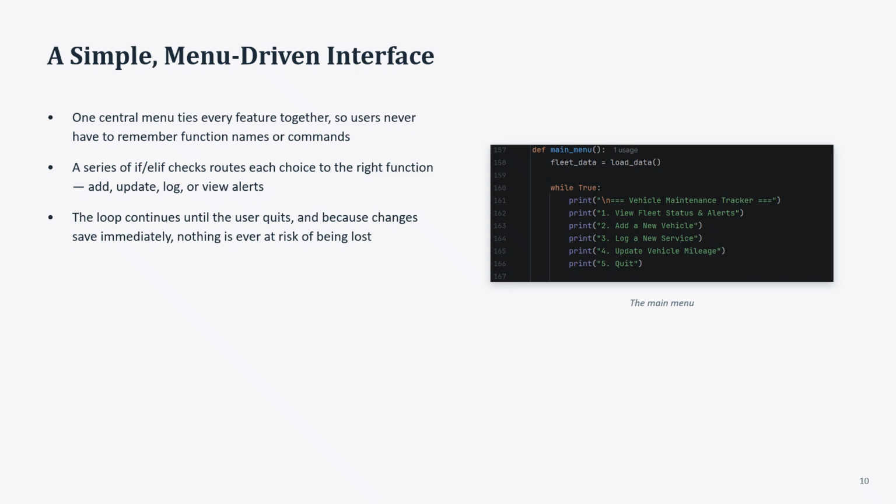This menu ties all of these features together, so you never need to remember any type of function name or command and type anything specific. It's all very user friendly, and you can always return to the menu after you've done a thing, whether it be add a new vehicle, log a service, or update the mileage for vehicles.